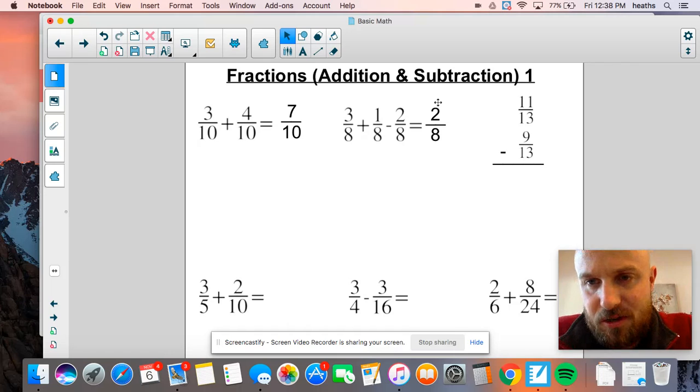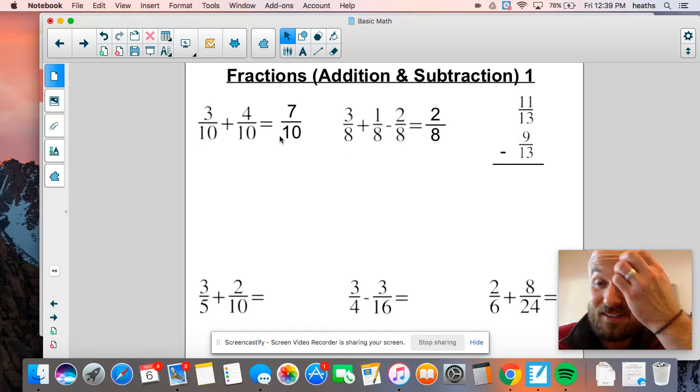I'm not going to do number 3 there, but I always want to at least talk about this because notice that this is 11/13 and this is 9/13, and we're subtracting. So all you're going to do is do 11 minus 9, which will give you 2/13. It's the same as these problems to the left.